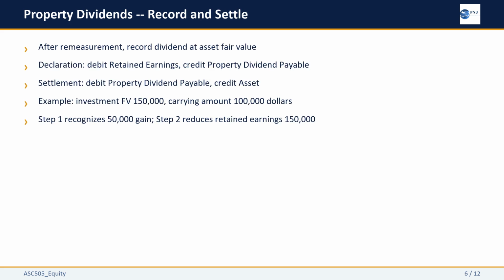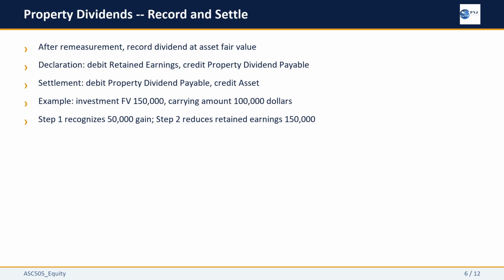Once you have remeasured the asset and recognized the gain or loss, Step 2 records the dividend. At declaration, debit retained earnings for the fair value of the asset and credit property dividend payable. When you distribute the asset, debit property dividend payable and credit the asset, now also at fair value.